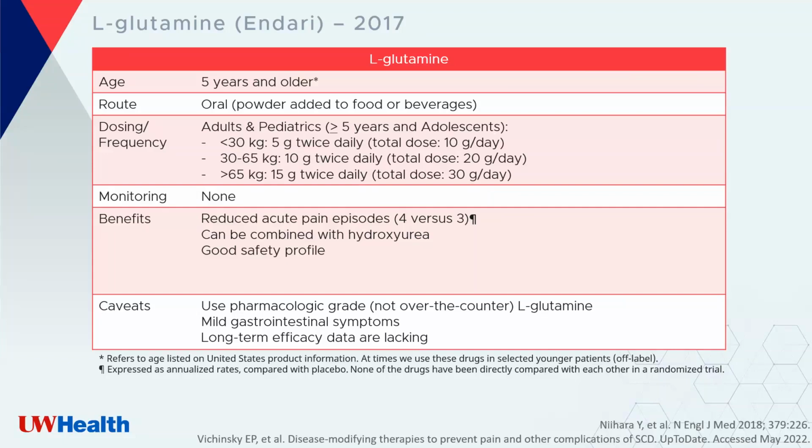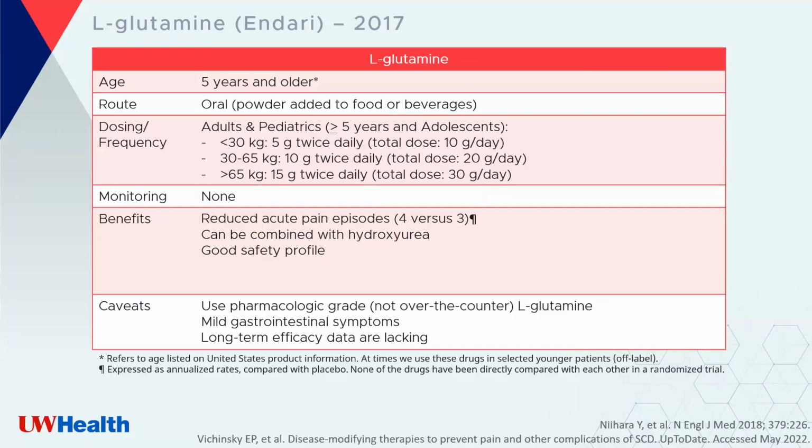One con that I would note with L-glutamine is that the long-term data is lacking that hydroxyurea does have. So the continual monitoring of long-term clinical data for patients who are treated with L-glutamine is still in progress. Caveats that I've noted is, the use of pharmacologic grade L-glutamine is recommended and not necessarily the over-the-counter product.